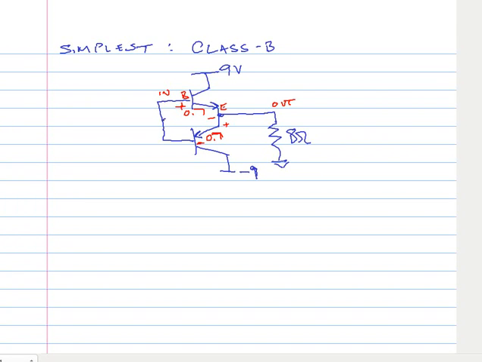Now if we use that same operational amplifier in a unity gain configuration, this is our input now. So we're going to drive the transistors with a unity gain operational amplifier, and the transistors will drive the 8 ohm resistance. Now if we plot our input waveform, it might be sinusoidal.